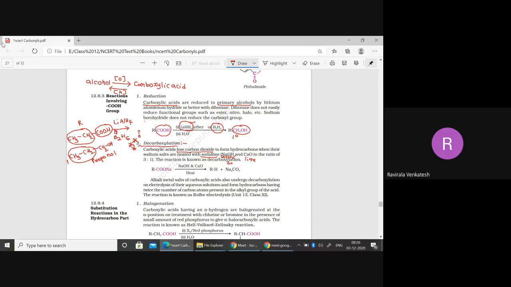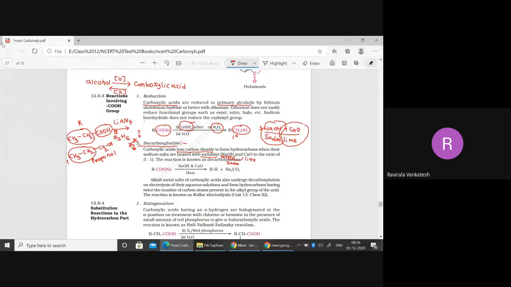Collectively it is called soda lime: 3 moles of sodium hydroxide and 1 mole of calcium oxide.